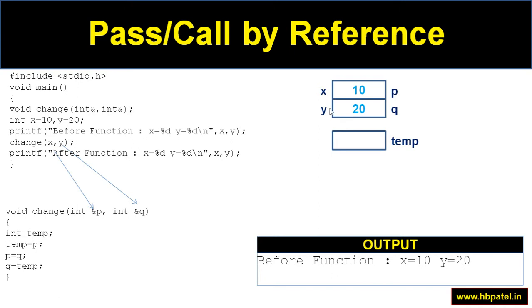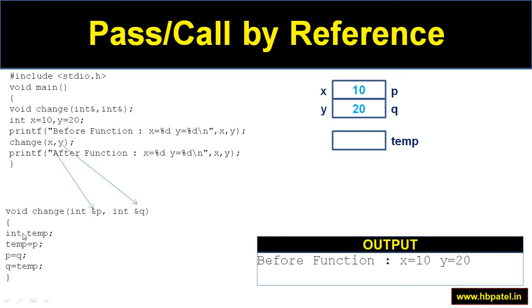It's like one person having two different names. So even if we call it x, it is the same variable. Even if we call it p, it is the same variable. Even if we call it y, or even if we call it q, they are both the same. So this is the basic difference from passing by value. When you pass by value, a separate variable is created, but when you pass by reference, a separate name is given to the same variable.